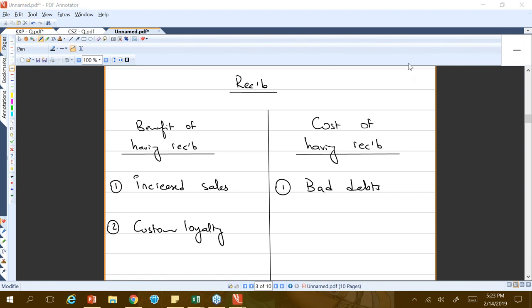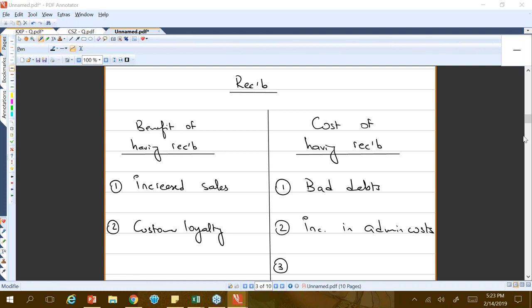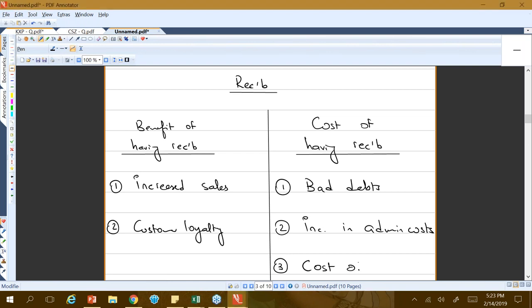We are going to have an increase in admin cost, because someone has to sit there and do all this work. And the third one, which, yes, you're saying right, is the cost of financing, which we just saw earlier above. So these are the costs, and these are some of the benefits.